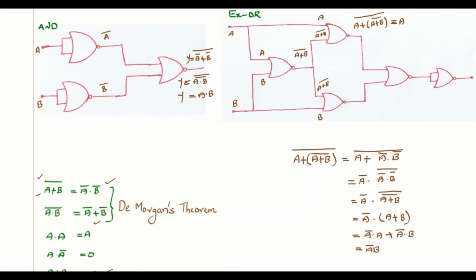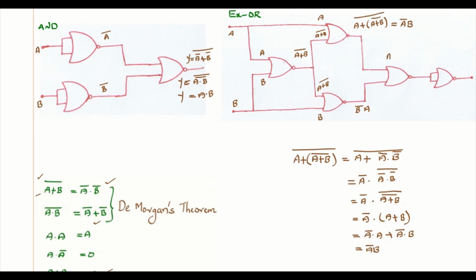So using De Morgan's theorem we can say that the output of the second NOR gate is A complement B. Similarly, the output of the third NOR gate can be determined. The value would be B complement A.